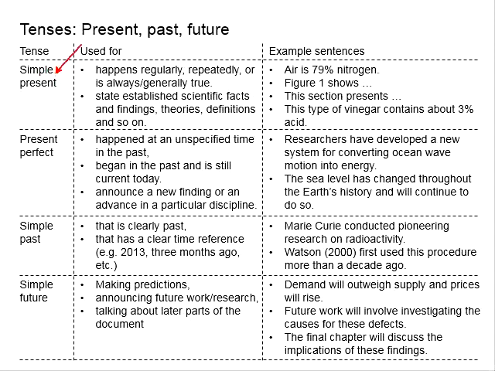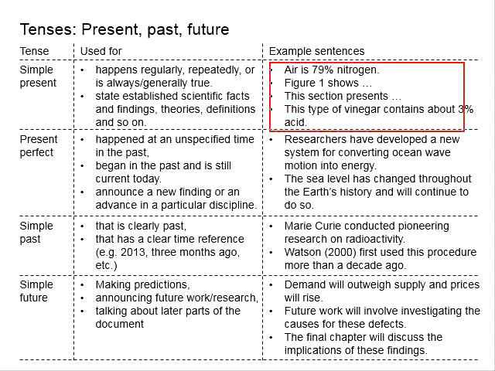Then you can use the simple present tense to describe it. You may also use the simple present tense to state established scientific facts and findings, theories, definitions, and so on. It is meant for theories and principles which have already been established and accepted in general by the research community as well as the general public.